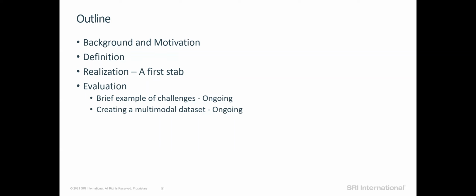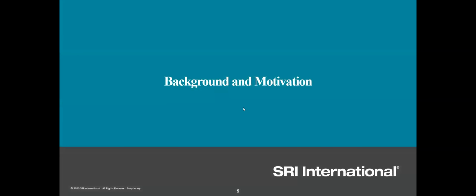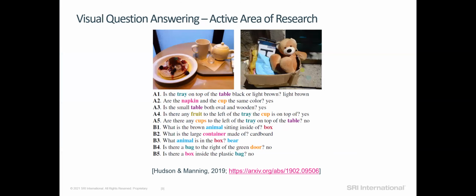And then finally, I'll describe some work that we have been doing jointly with Professor Chris Kannan and his student Robik Shrestha, whom I assume all of you know. So let's jump right into the background and motivation.